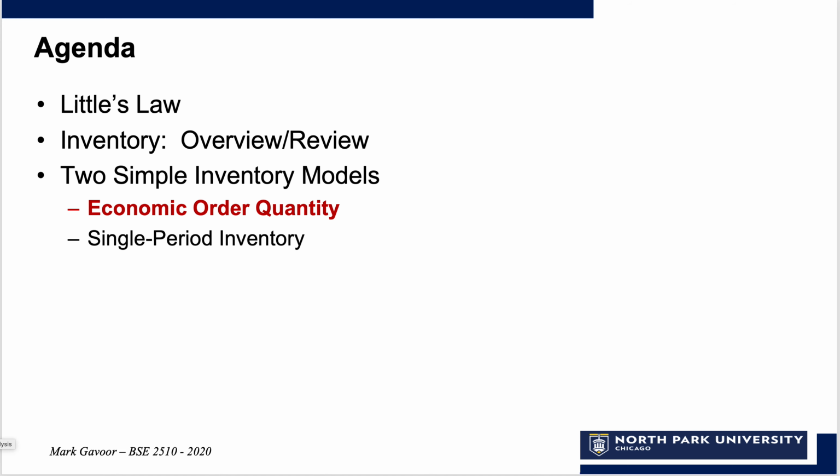All right, so let's talk about economic order quantity. There was a guy named Ford Harris in 1913 that wrote a paper about inventory, economic order quantity, or economic production quantity of inventory. Every inventory model that's based on mathematics has a root in Ford Harris's original inventory paper from 1913.